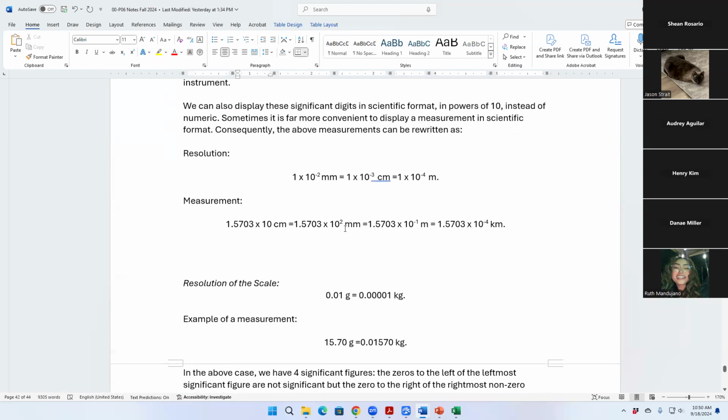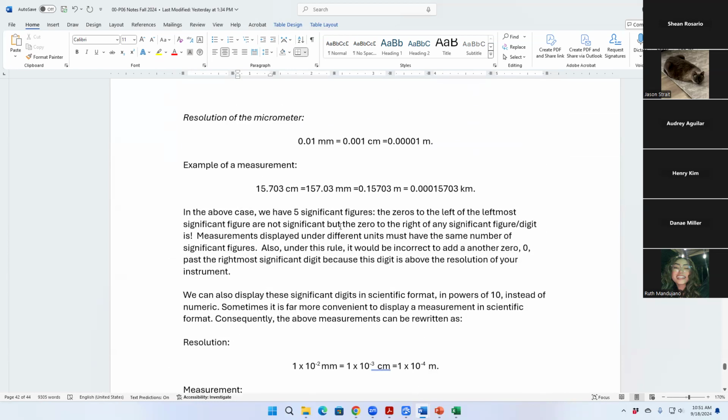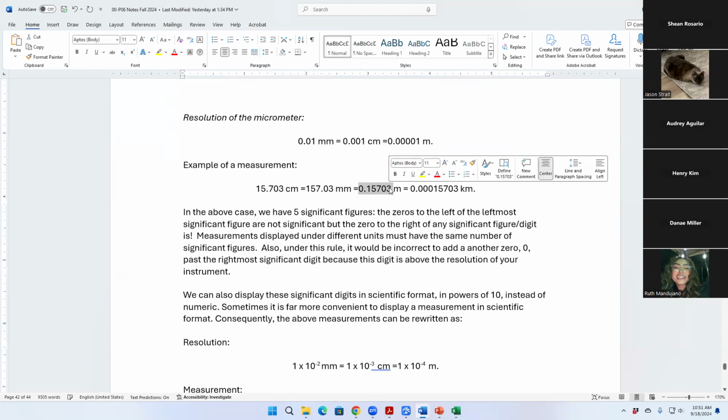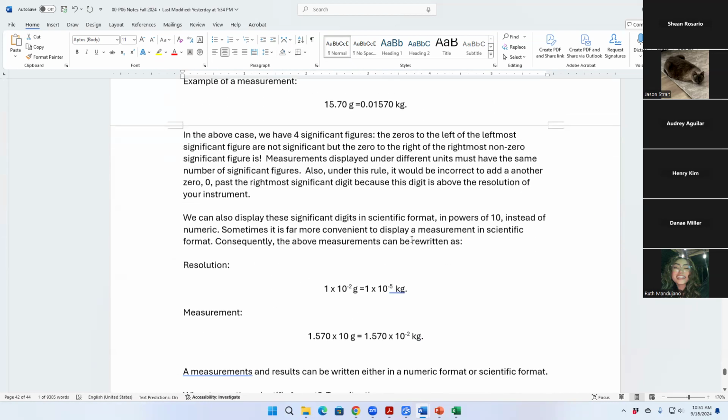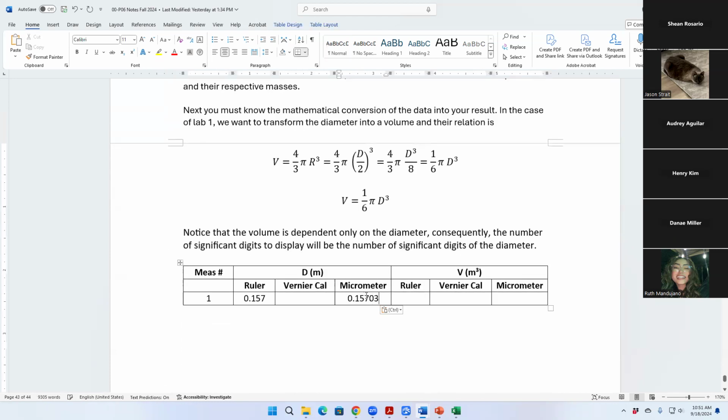Let's get the micrometer now. That's the micrometer. And the other one would be the vernier caliper.